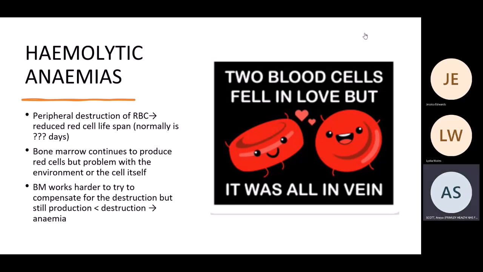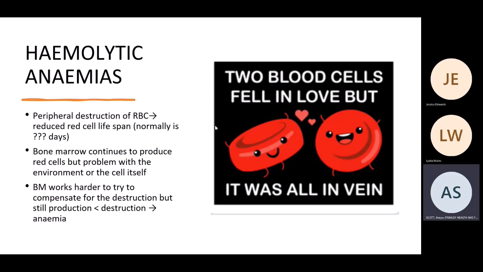Cool. I'm going to take that to mean no one has any idea. Oh, someone's typing. I was asking, does anyone know how long red blood cell lifespan normally is? Yeah, perfect. 120 days. So in hemolytic anemias, that's reduced.